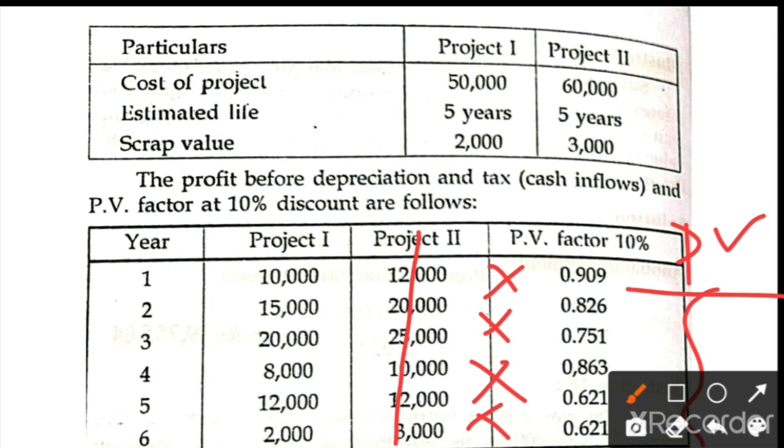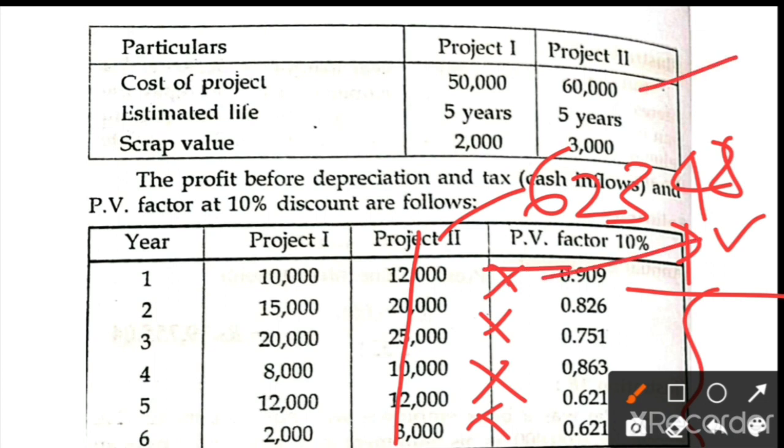So project 2, PV factor is 62,348. After getting the present value of project 2, 62,348 minus 60,000, whatever remains, 2,348 rupees, is the net present value.